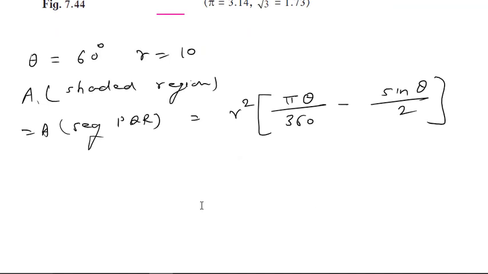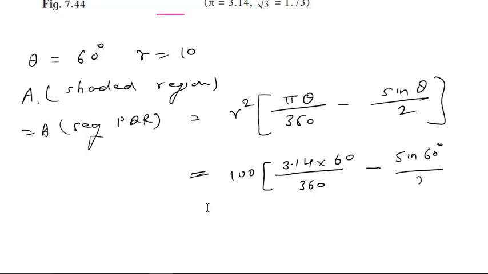Now here, if I am not using that formula, then I use this formula: r square. The value of r is 10, so it is 100. The value of pi they ask us to take as 3.14. The value of theta is 60 divided by 360 minus sin theta upon 2, so here I have sin 60 degree upon 2.